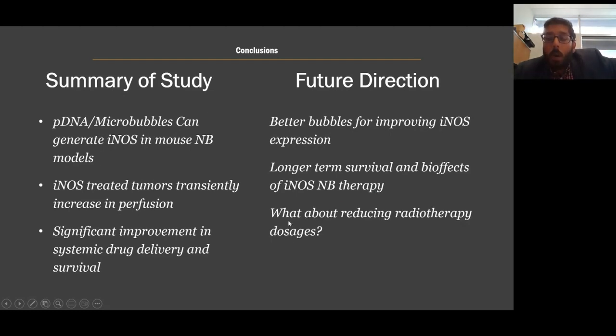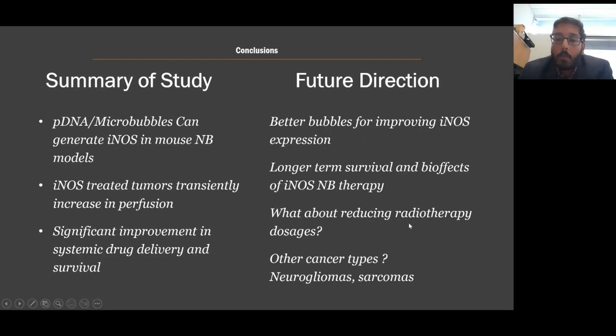We also are very interested in exploring the effects of nitric oxide production in tumors and how that can potentially reduce radiotherapy dosages as well as improve chemotherapy dosages. As you may know, nitric oxide is a very potent radiosensitizer. So that's a future direction that we're looking into, and also other cancer types. So we're primarily focused on neuroblastoma models. However, we're looking at neurogliomas, sarcomas as well, and non-cancer applications. Can we control perfusion in tissue? Thank you very much.